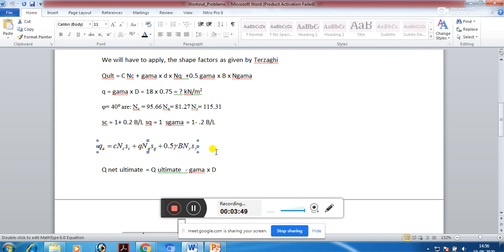Can anyone tell? See, I am writing this equation again here.